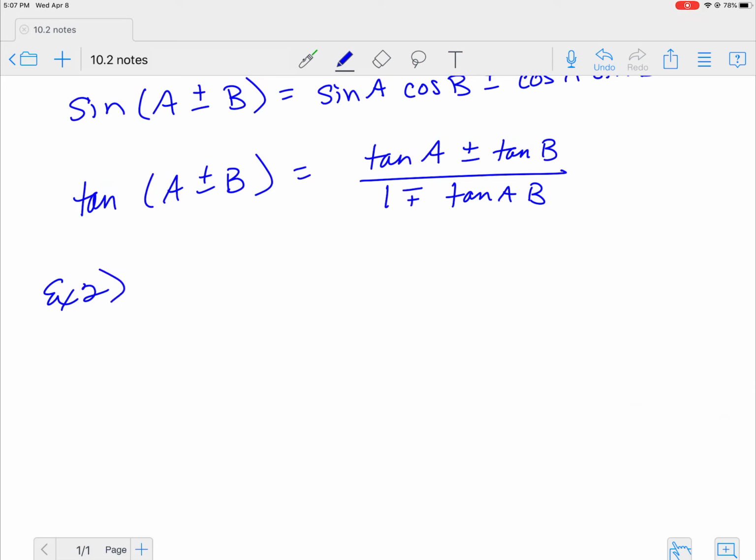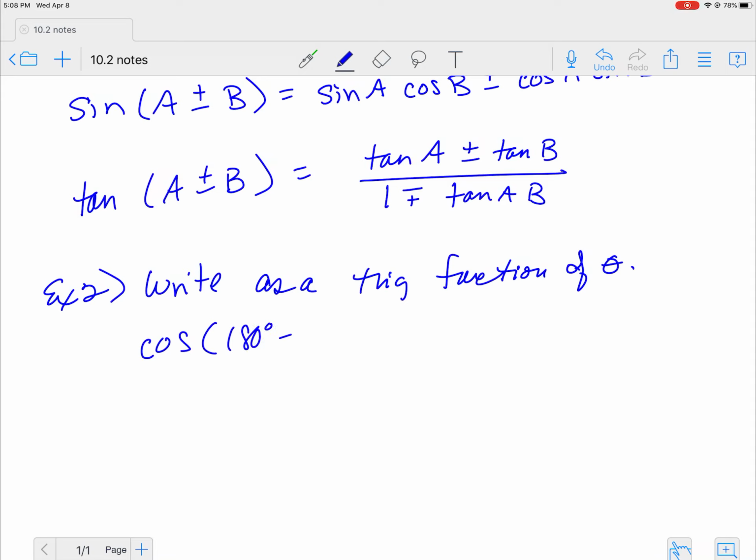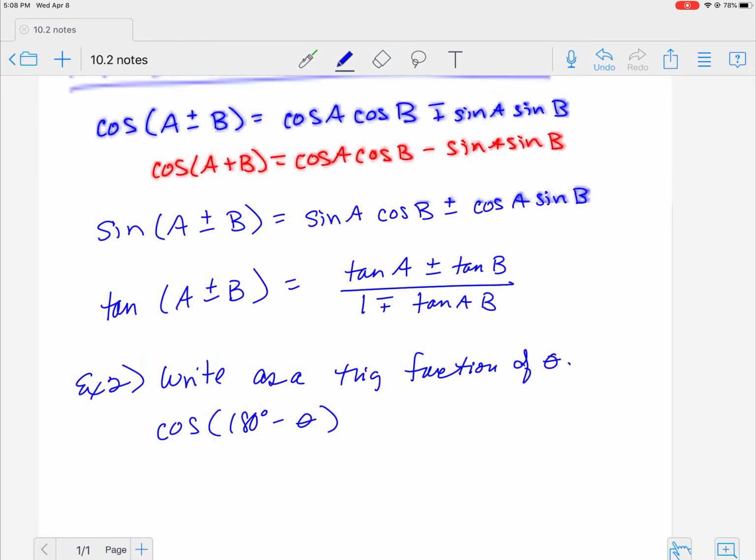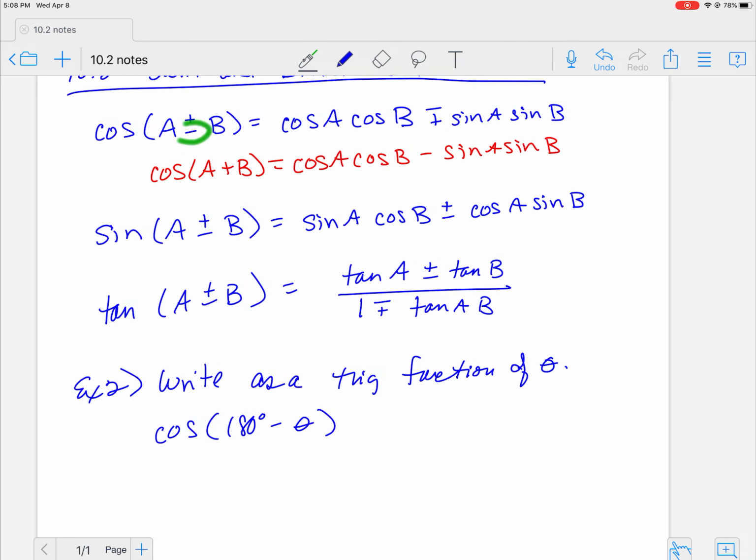We're going to do a couple of examples here and then call this good. So, example 2. I'm going to write cosine of 180 degrees minus theta as a trig function of theta. So I'm going to look back up here.